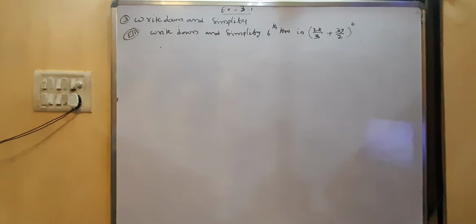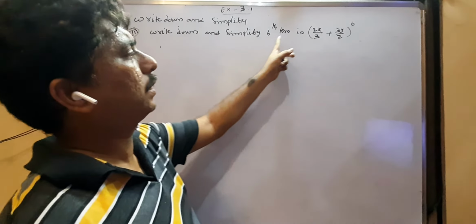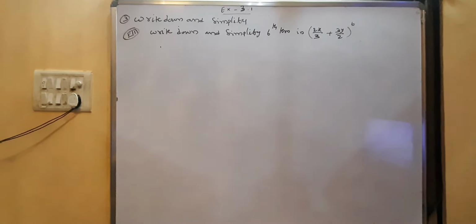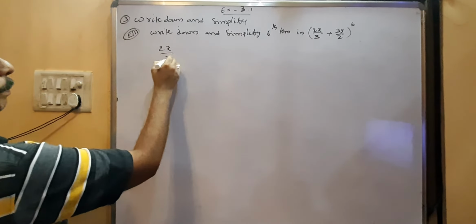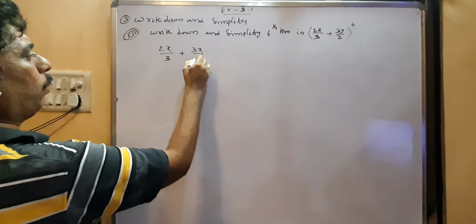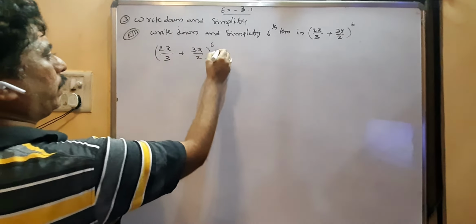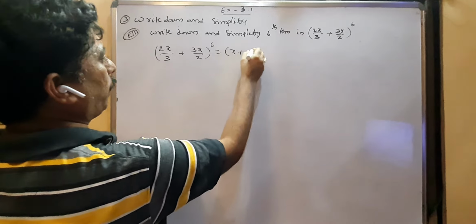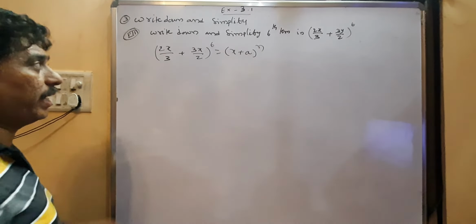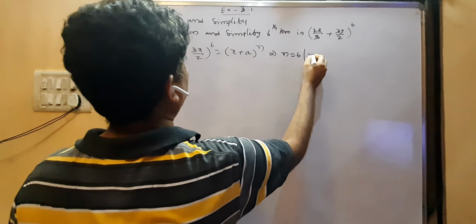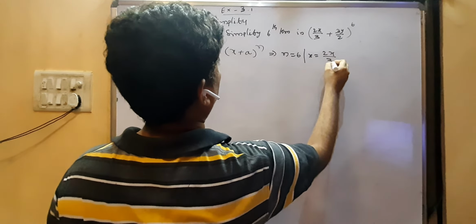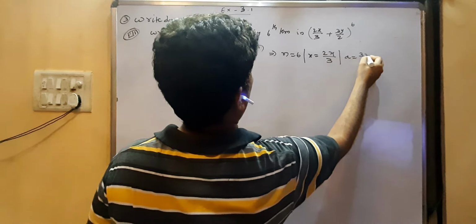Coming to the next question, write down and simplify the sixth term. They ask only the sixth term. They do not ask from the end. So the given expansion is in the form 2x by 3 plus 3x by 2 whole power 6. It is in the form of x plus a whole power n. Obviously n is 6. x is 2x by 3 and a is 3x by 2.